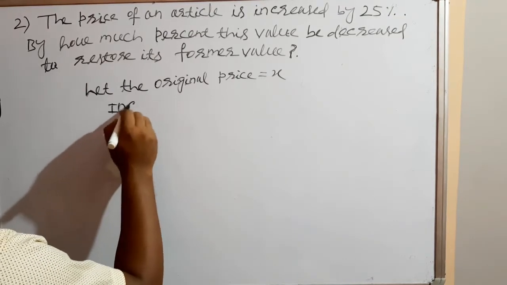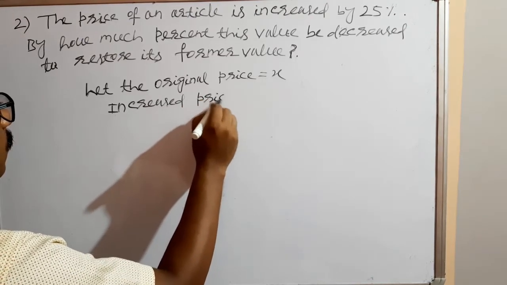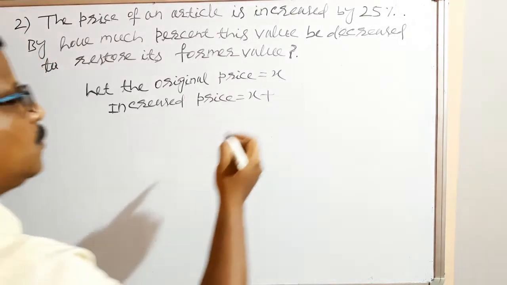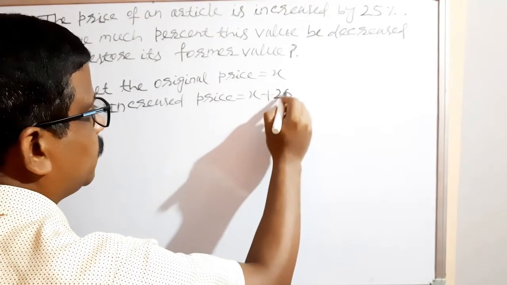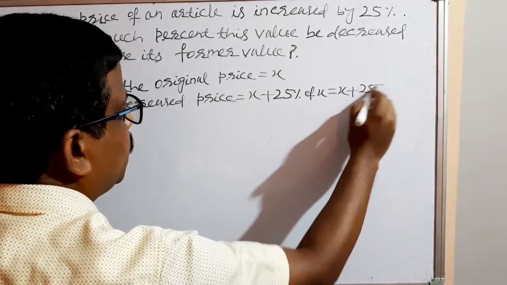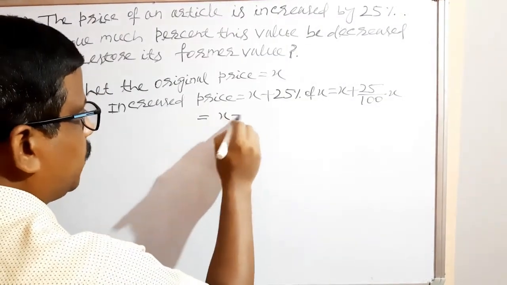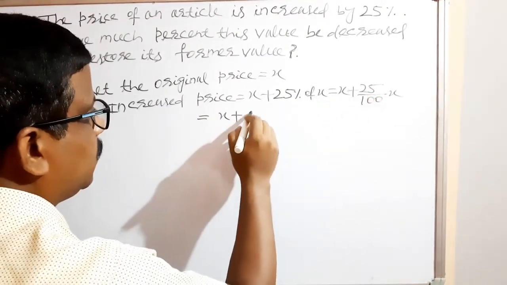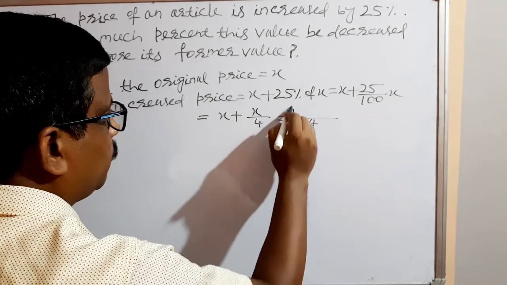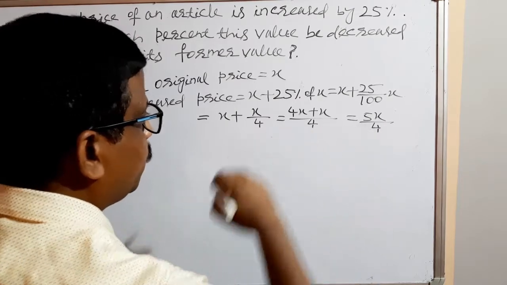So the increased price is equal to X plus 25% of X, that means X plus 25 by 100 X. If we solve this, 25 by 100 cancels to X by 4. If we add with LCM 4, 4x plus X, it will be 5x by 4.